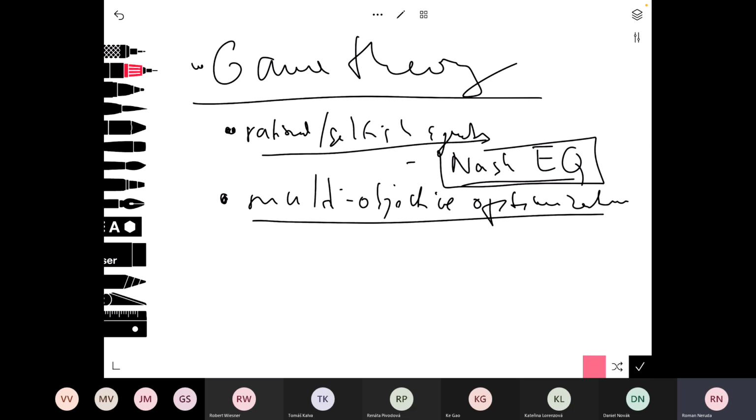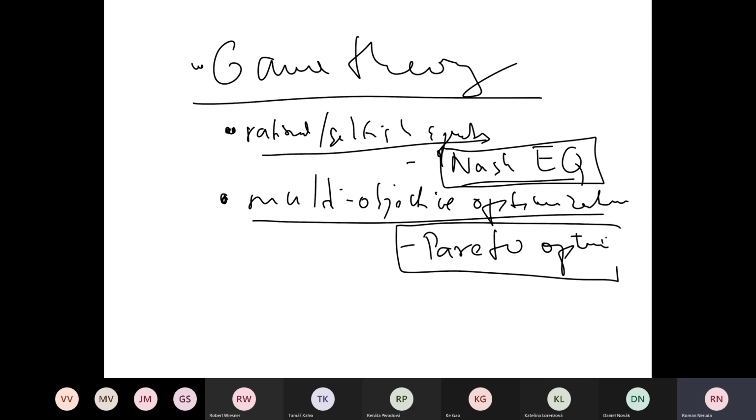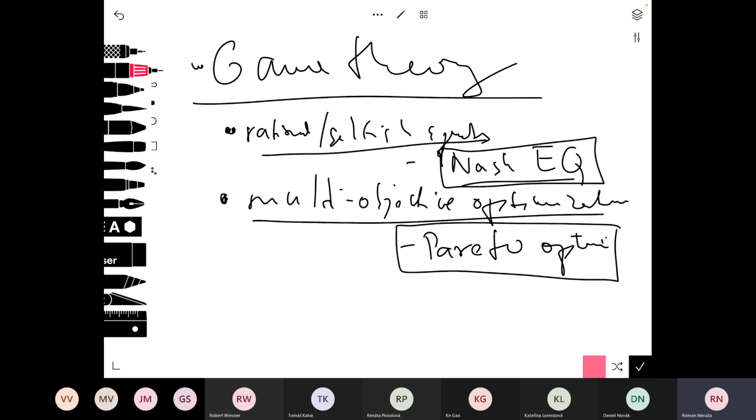So Nash equilibria is one point, and the multi-objective formulation tells us that we should observe the so-called Pareto optimality, a classical notion from multi-objective optimization. We will be slightly discussing the Pareto fronts and optimality in terms of looking for a common optimum for two agents, where each of these agents is optimizing its own expected utility.